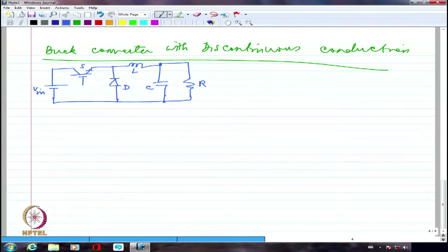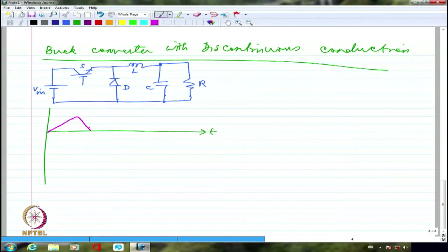So if I actually look at the inductance current waveform, I expect that generally the current should start from a non-zero value, but it may not start from a non-zero value because the inductance does not have sufficient stored energy. So I may have the inductance current rising like this, and it may fall down quickly. And still there is time for the switch to be fired again. Which means I am not going to have this to be completely equal to T off, rather my T probably is going to be longer than this.